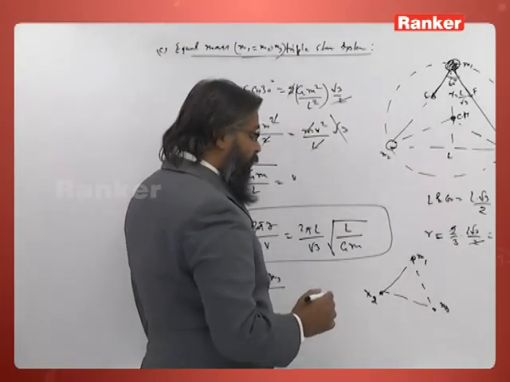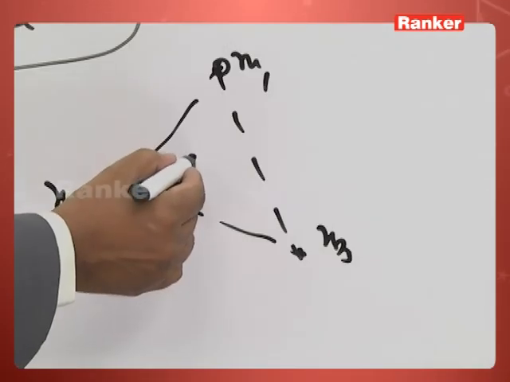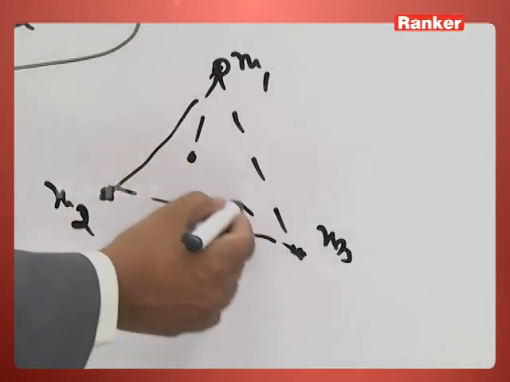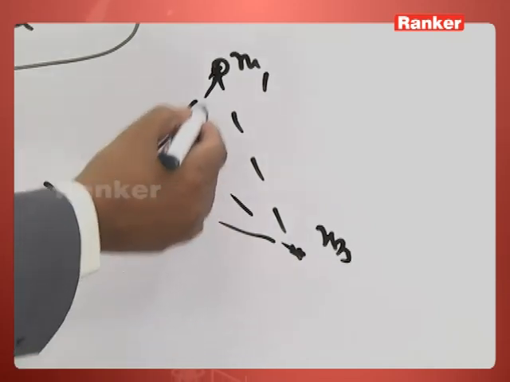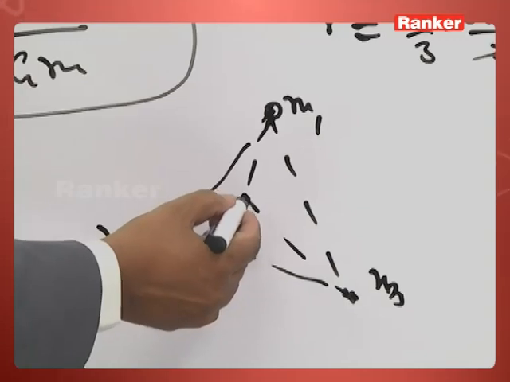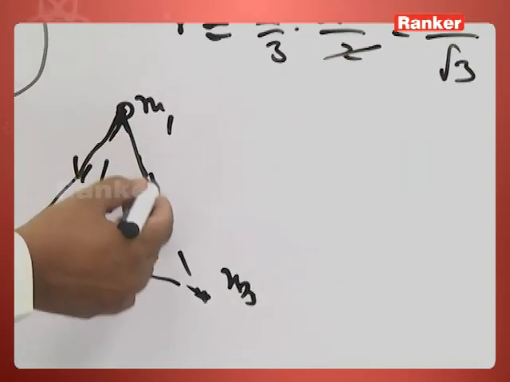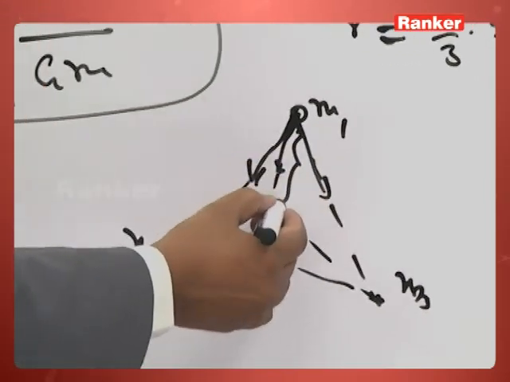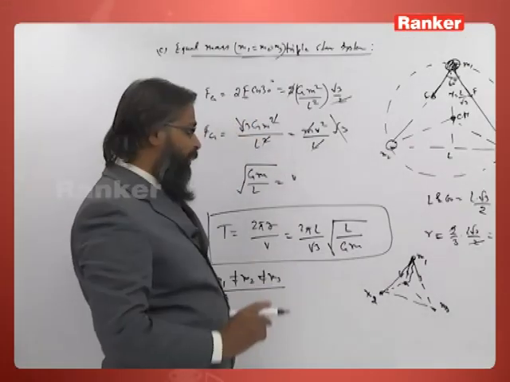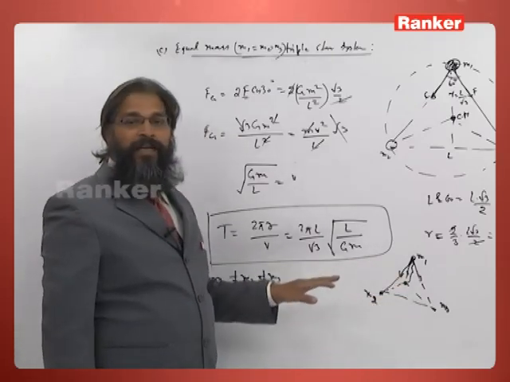Now, first of all you have to find out their center of mass. Suppose this is the center of mass; it is not at the centroid of the equilateral triangle, it will be somewhere here. Then you have to vectorially calculate what is the force acting along this position and do the same thing. So, vectorially you have to do it. This is left as an exercise.